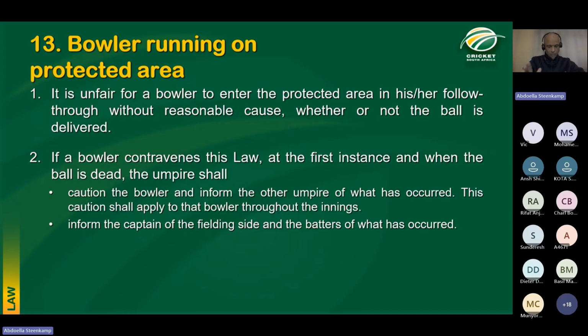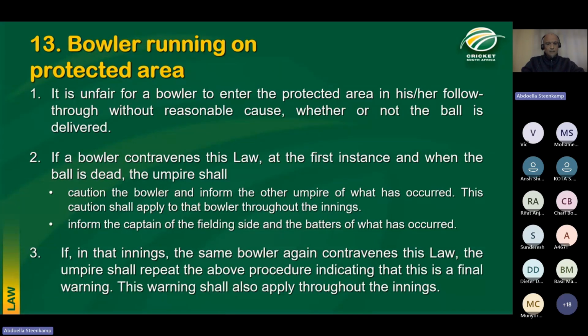So the bowler was in the protected area the first time, and you've cautioned the bowler. What happens in the same innings, let's say it's the first innings of our Test match, if the same bowler again goes into the protected area and there was no reason why the bowler went in there? It doesn't matter which end the bowler goes in.